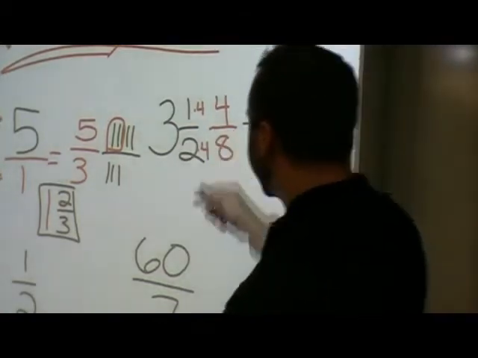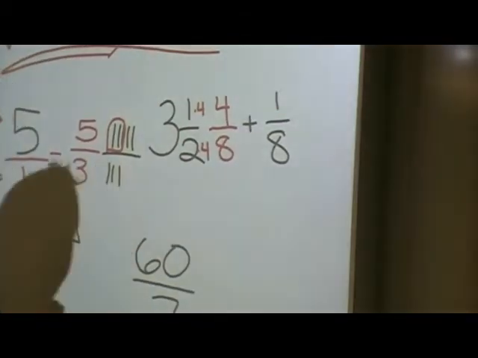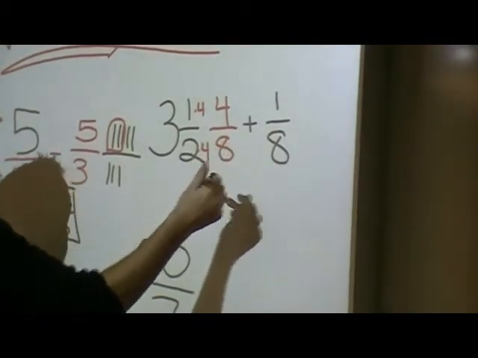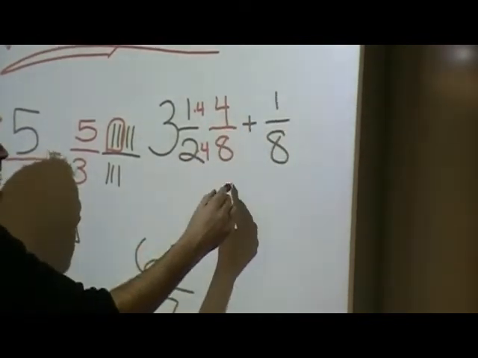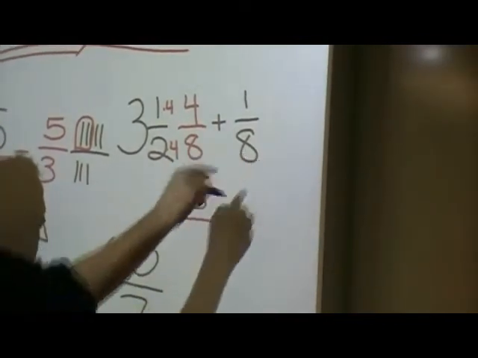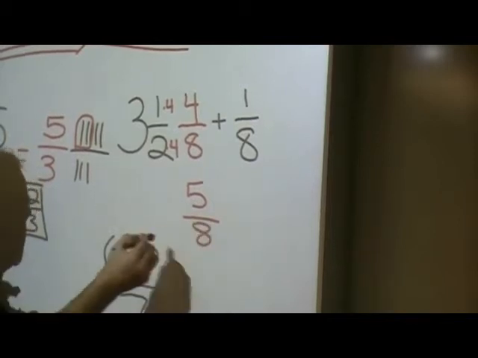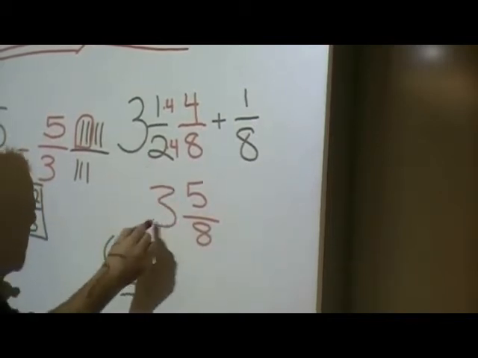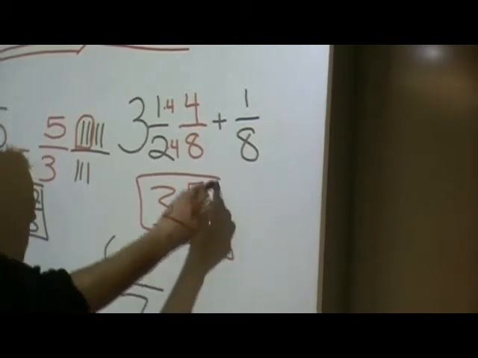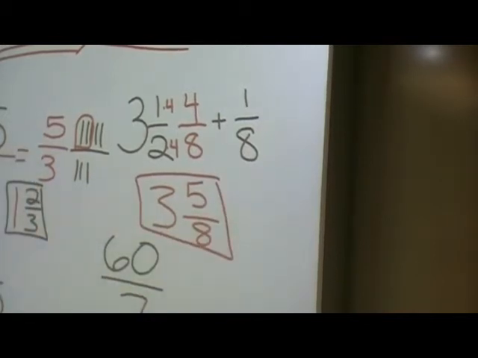This is my new fraction here. So I'm able to add my fractions together. 1 plus 4, 5. My bottom does what? Stays the same. And I have to remember my whole number.